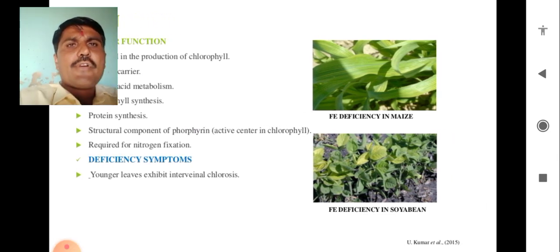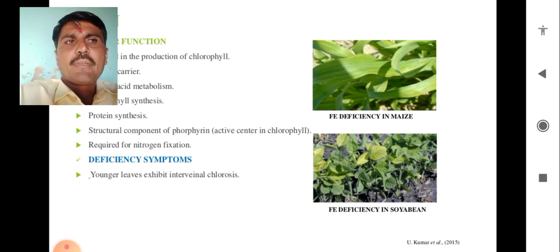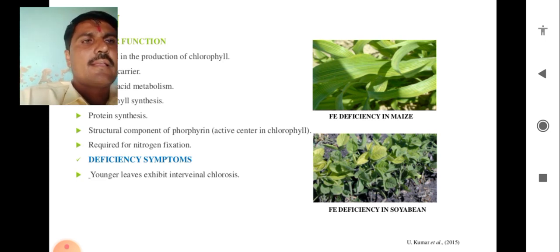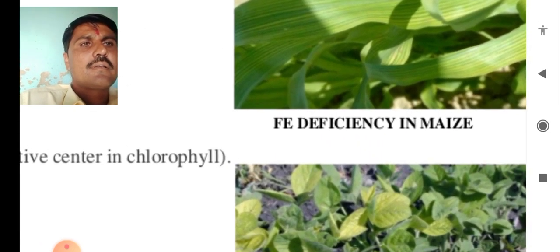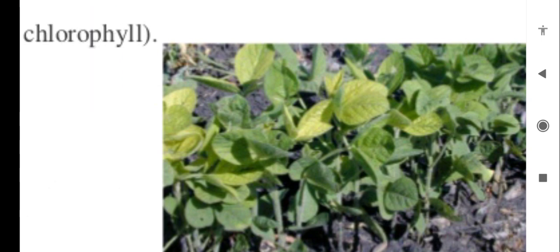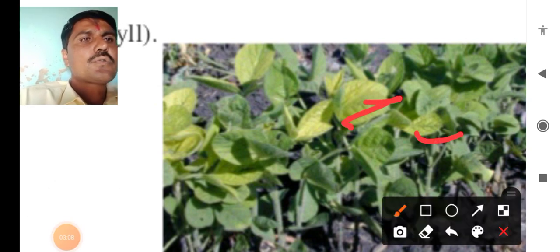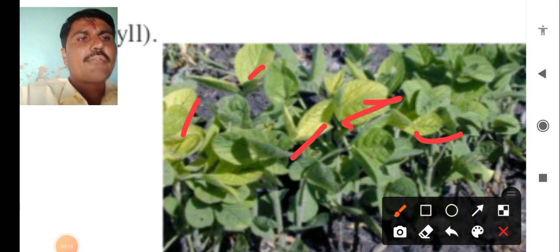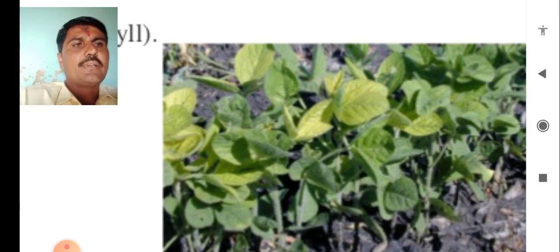Well, when we observe the plants in our field, we see that in the maize plant or the soybean plant, when the deficiency of iron is there, you can observe the leaves which exhibit interveinal chlorosis. For example, I will zoom out. See, these are the leaves of the soybean, and you can find the chlorosis on the interveinal part of the leaves.